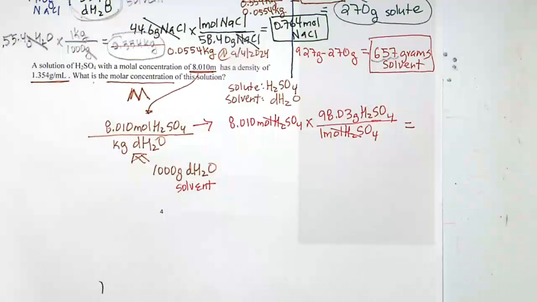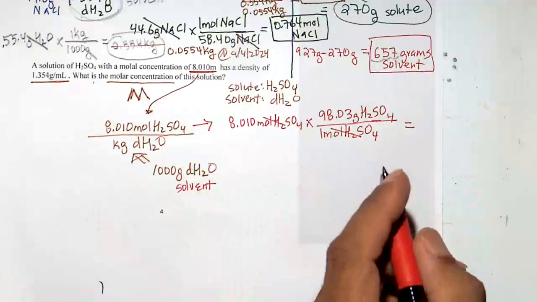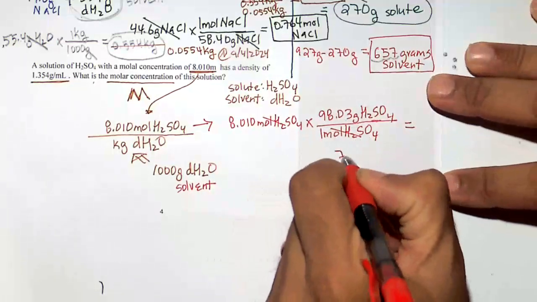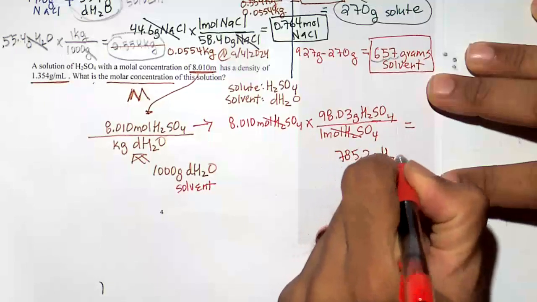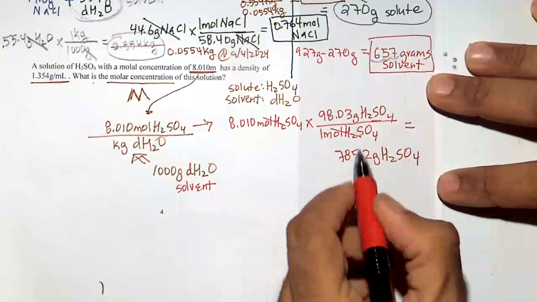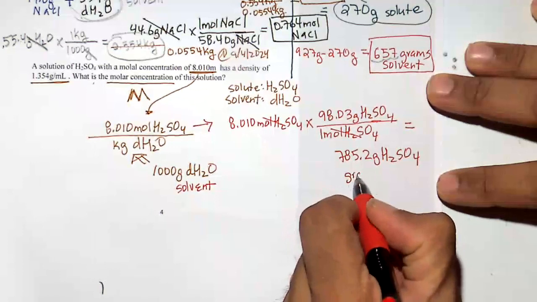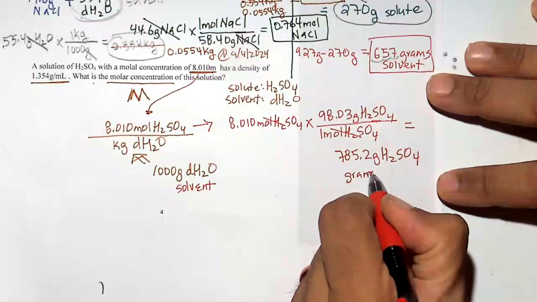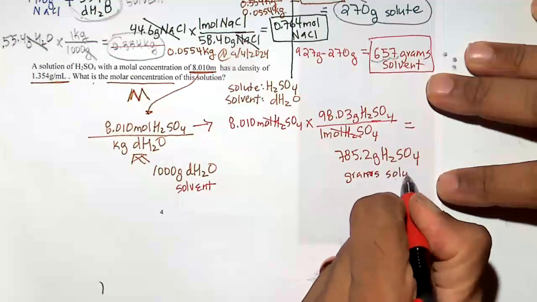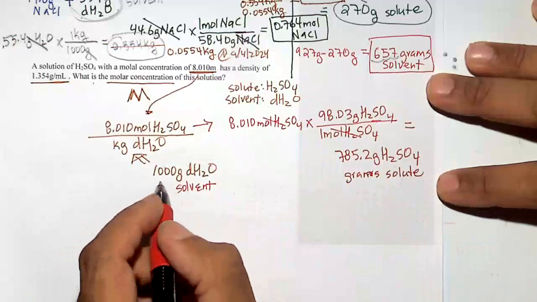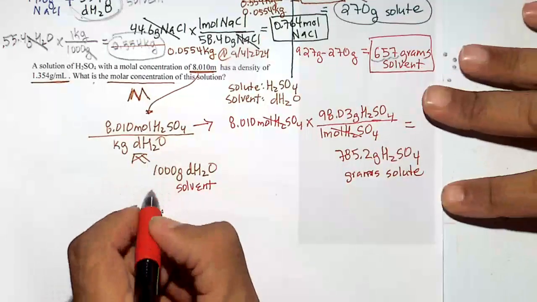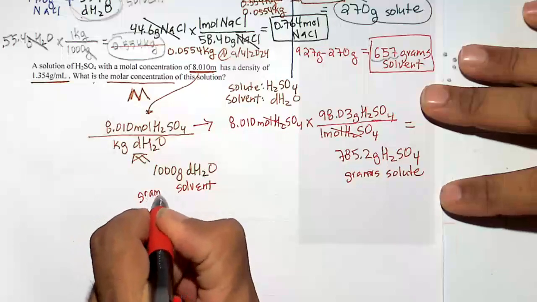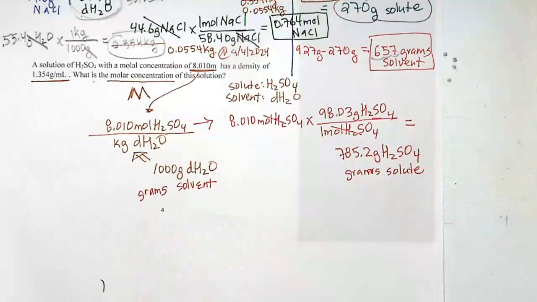I got 785.2. We'll go with that one. Okay, this is the grams of our solute. This H2O, which will always be our solvent unless told otherwise, this is our grams solvent.